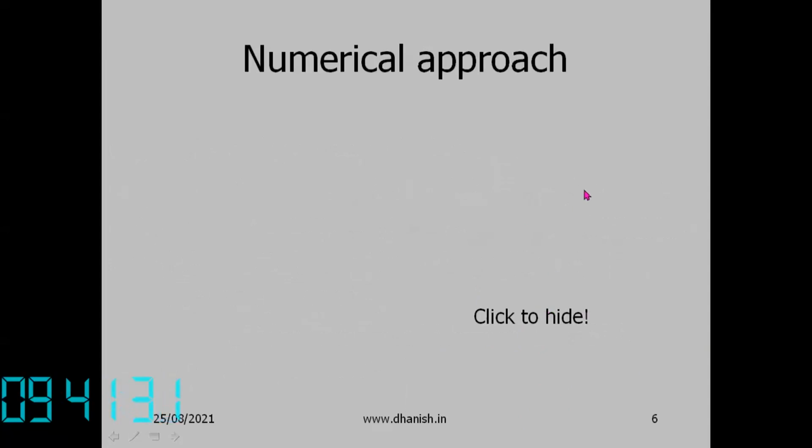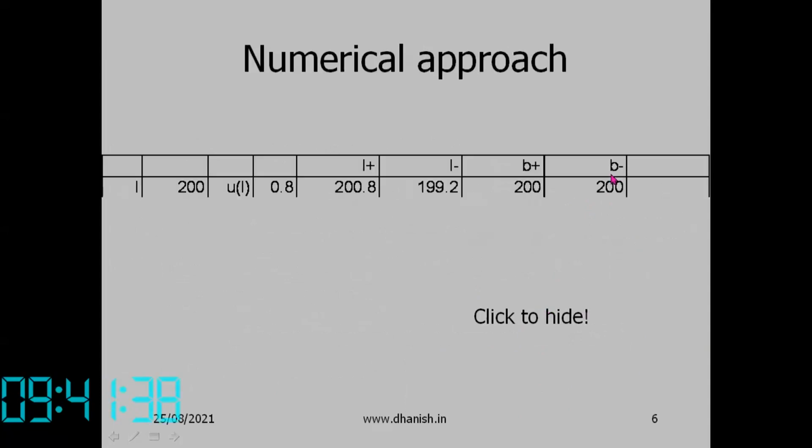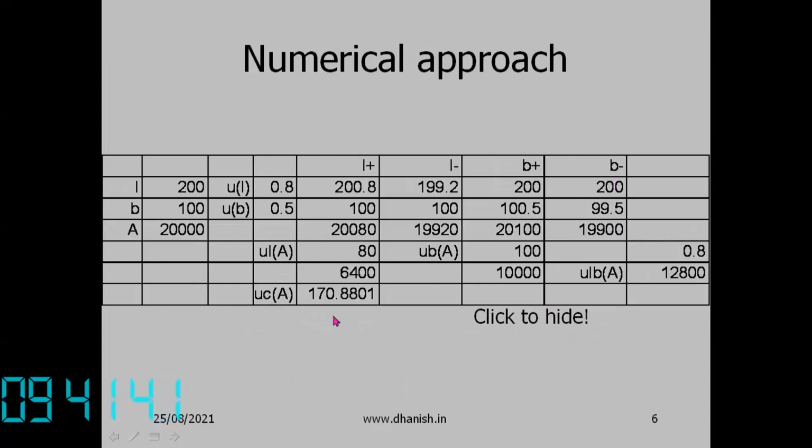So the same problem can be attempted numerically also when correlations are there. This is the Excel table. First column is all the variables, their values, then the standard uncertainties. Next L plus standard uncertainty of L, then L minus standard uncertainty of L. Then next row B plus standard uncertainty of B, B minus standard uncertainty of B, L is the original value.